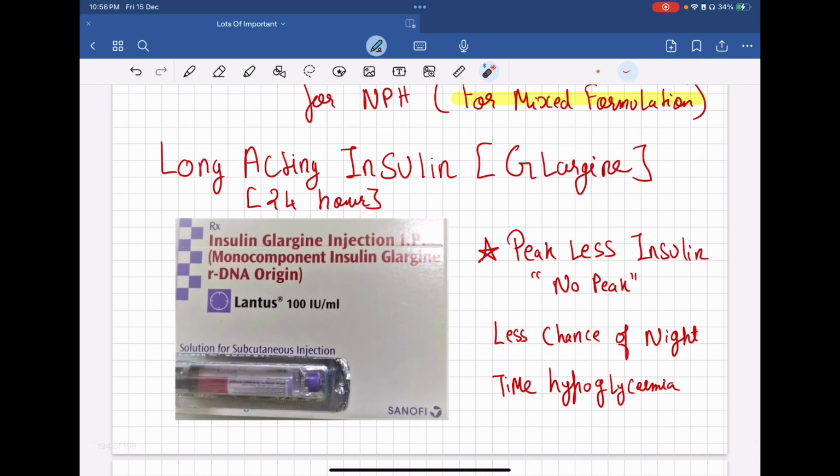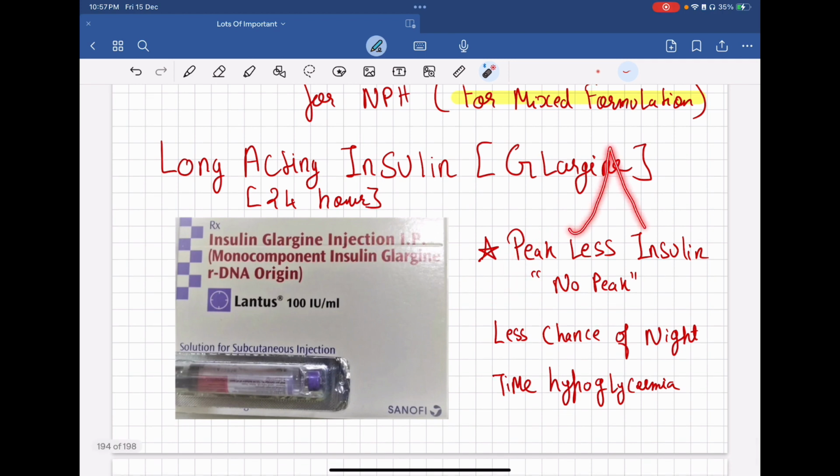Now coming towards long-acting insulin, which will stay in the body for 24 hours, that's why they are given as basal insulin. The first one is Glargine, which is most commonly used, and it's also known as peakless insulin. It does not peak in its action in the body, which you will see later.